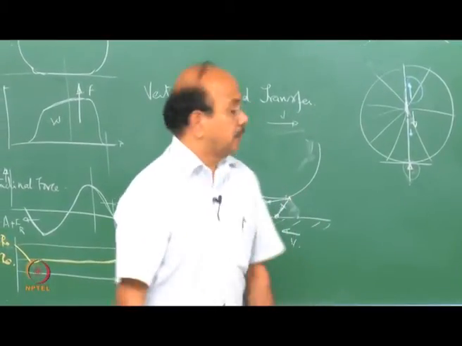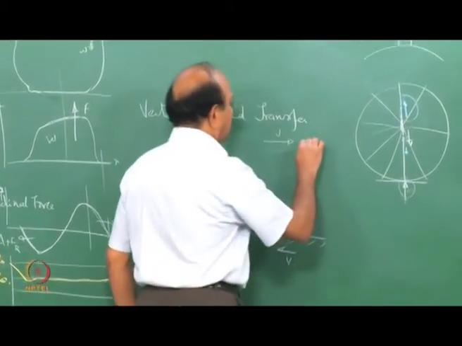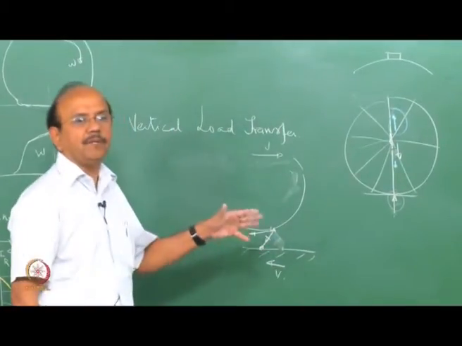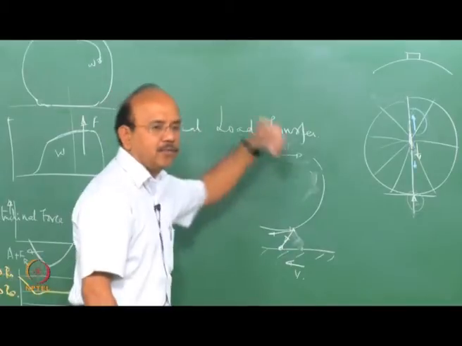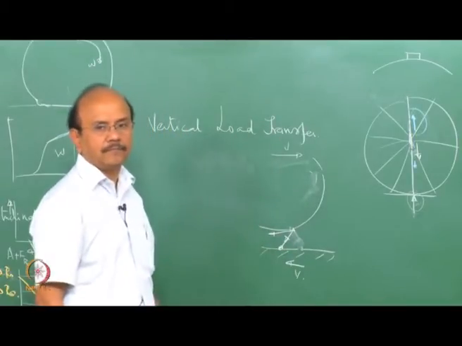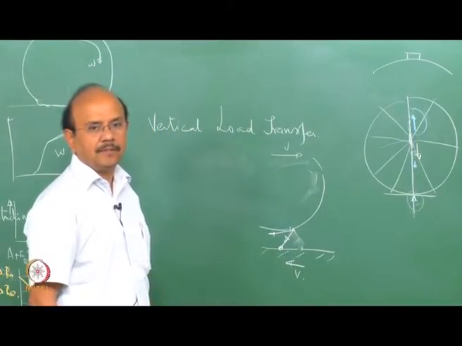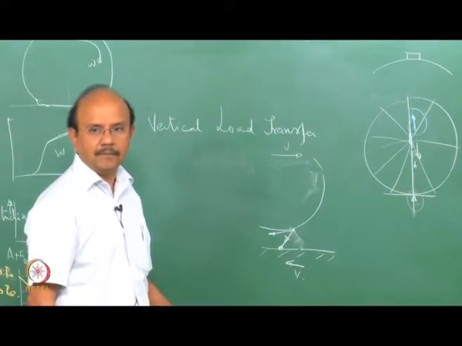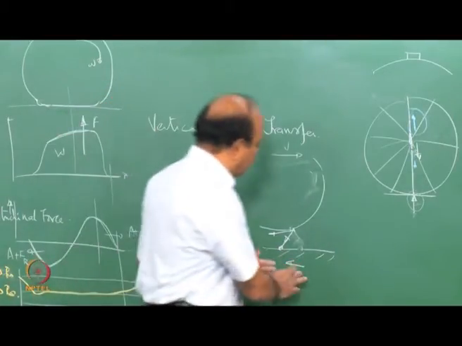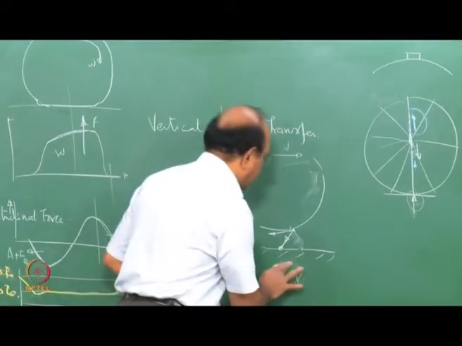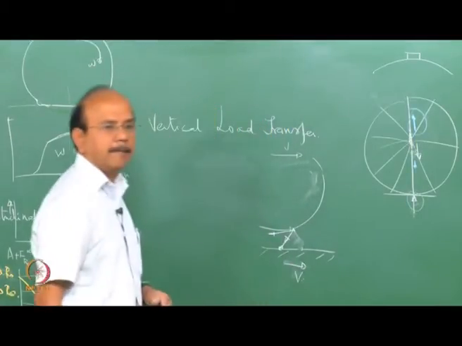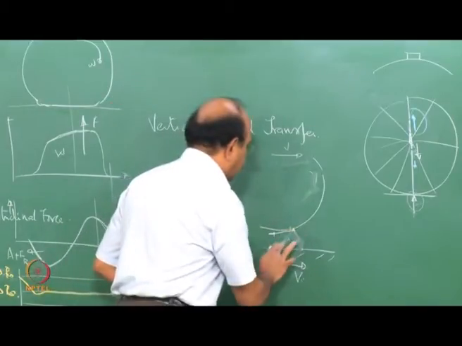Now, the other extreme is during accelerating. In accelerating, there is a difference between this velocity, which will be in this direction, and the velocity at the rim.